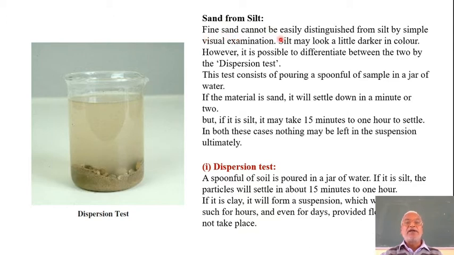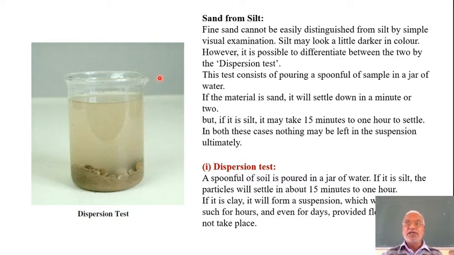Fine sand cannot be easily distinguished from silt by simple visual examination because almost they look the same. Fine sand in the sense 0.075 mm to 425 microns, or 0.425 mm.